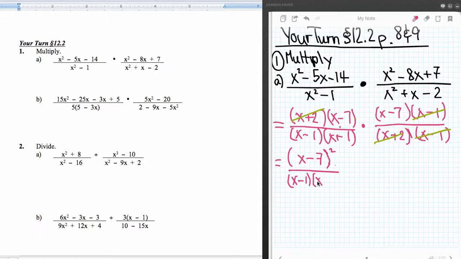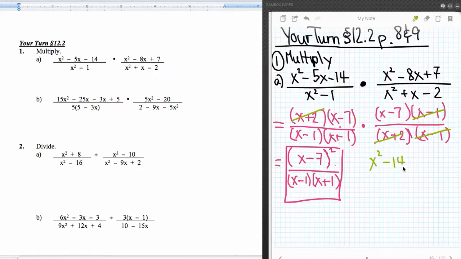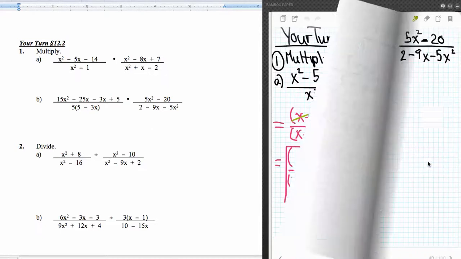And that's where an intermediate algebra text would usually leave this one. However, in a beginning algebra text, as I've said before, it very well may be that they write this out as x squared minus 14x plus 49, which is squaring out that binomial, and then the denominator as x squared minus 1. But that is probably not going to be the case with our text Lehman, which is both a basic and an intermediate text.